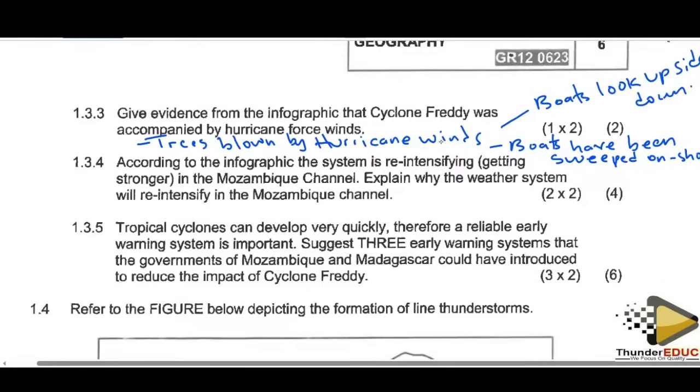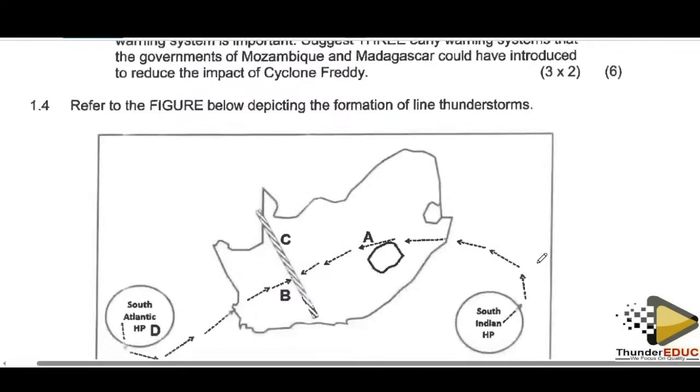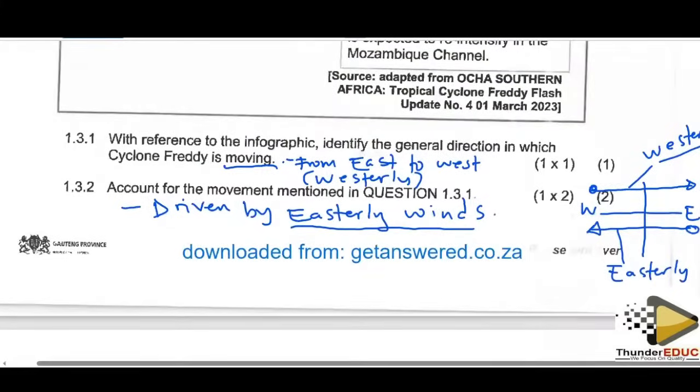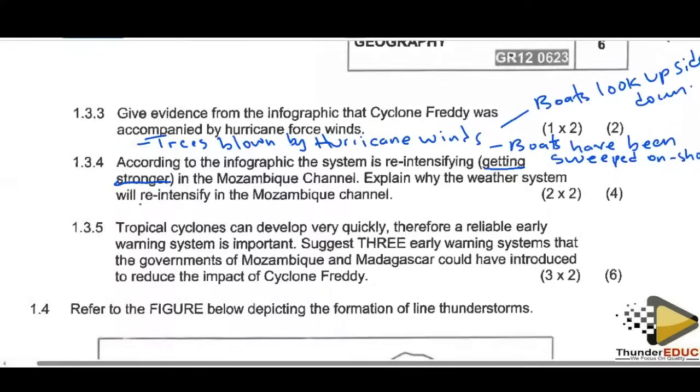So they made it easier for us, where they're saying the word re-intensify means getting stronger, right? To get stronger in the Mozambique channel. But they are referring to Mozambique channel.